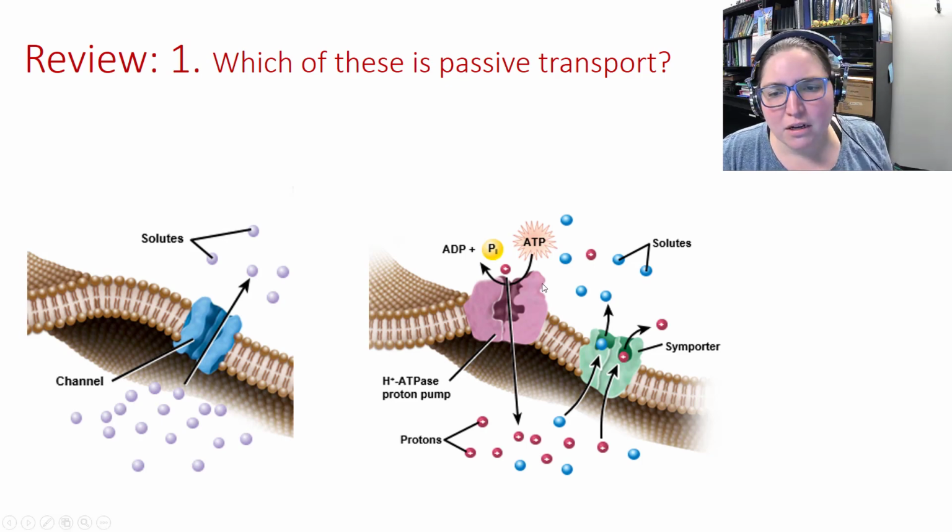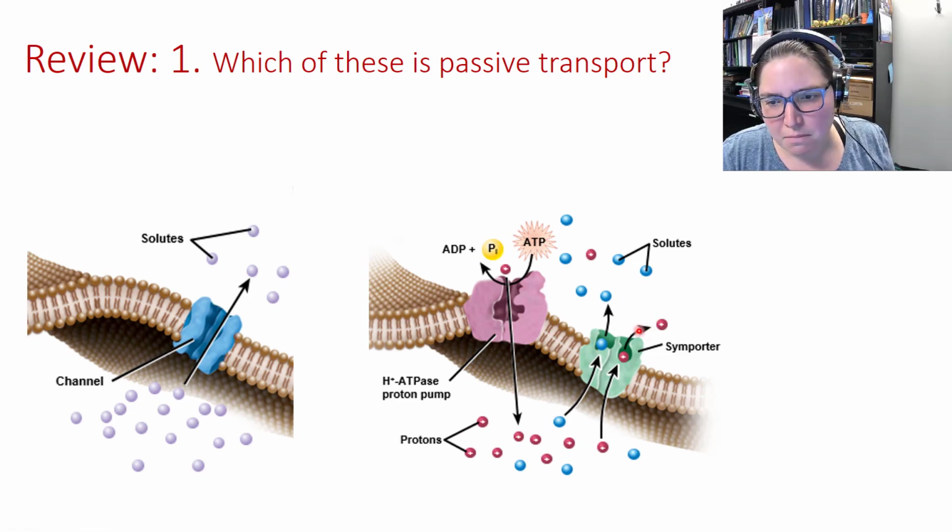In this picture, if you've maybe taken anatomy or physiology, they may have talked to you about secondary active transport. So that would be what's happening in the symporter. And then in this other protein here, the hydrogen ion ATPase proton pump, or the proton pump, that is primary active transport because the cell is directly spending the ATP to pump the proton across, and then this other symporter protein runs off of the concentration gradient of those protons.